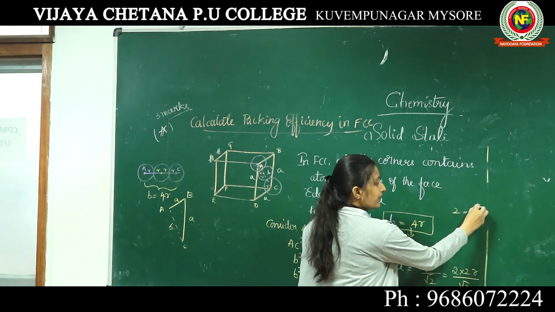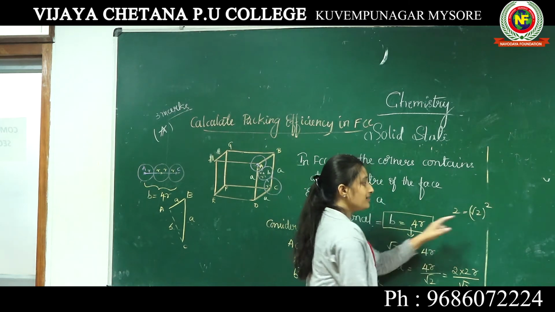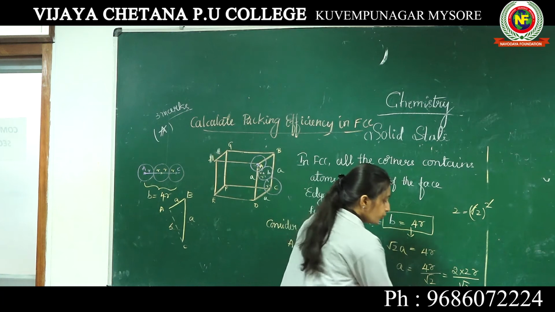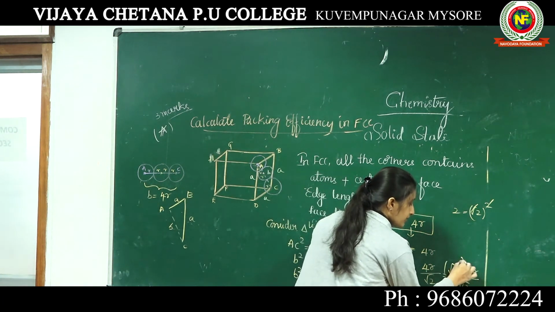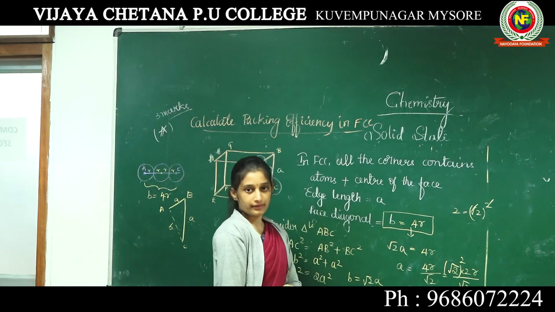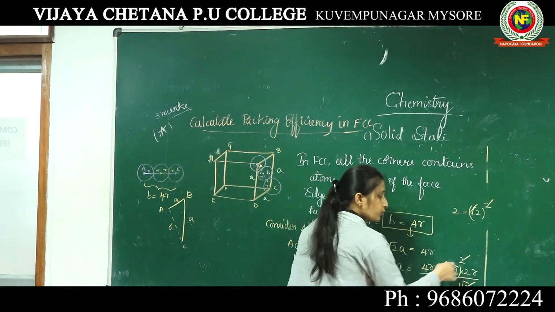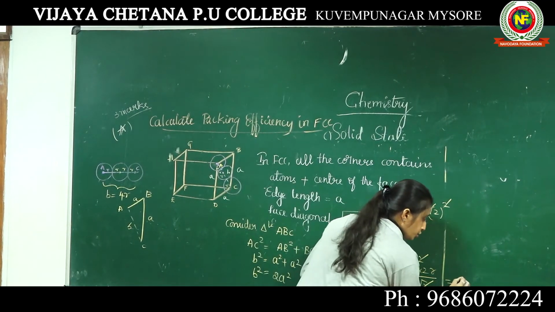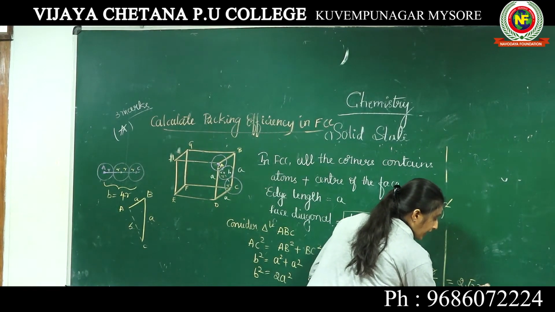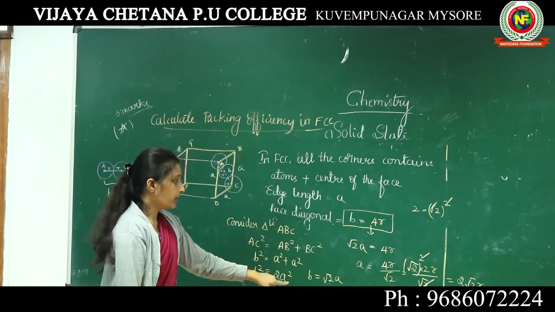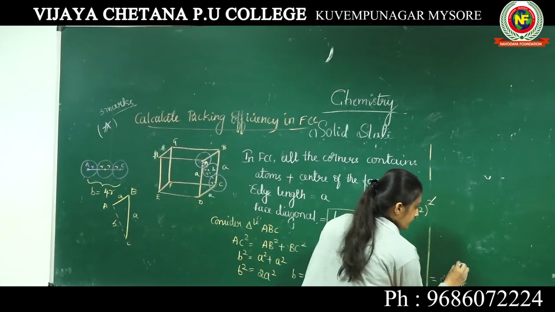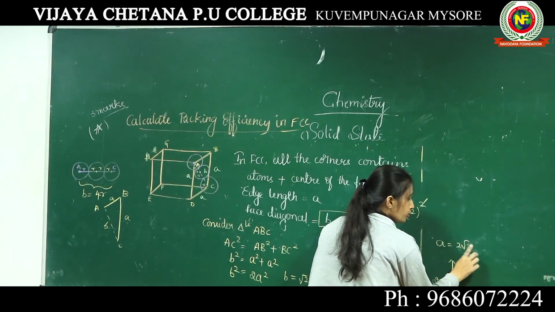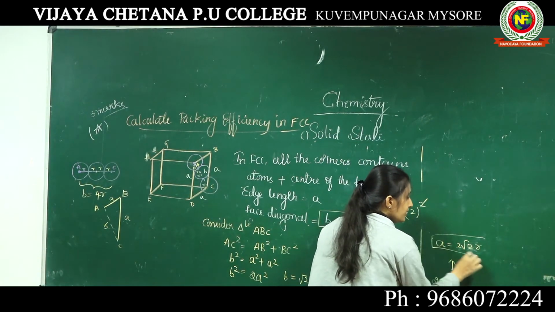Simply, shall I write 2 as root 2 whole square? Cancel, and once again it becomes 2. So this 2 I will write as root 2 whole square. One root 2 gets cancelled. Then what happened? 2 root 2 R. What is the a value? The a value is equal to 2 root 2 R. This is the a value.